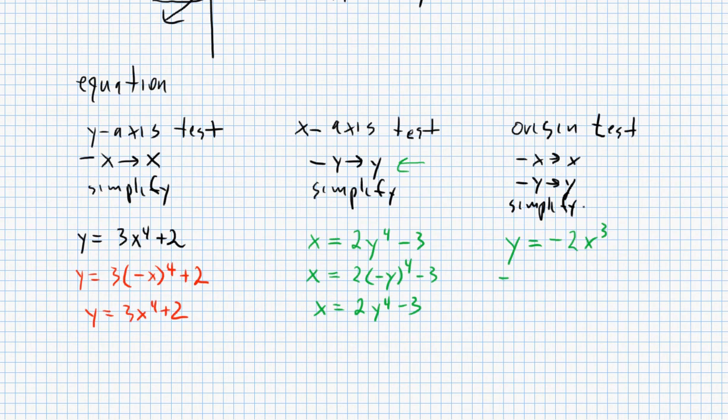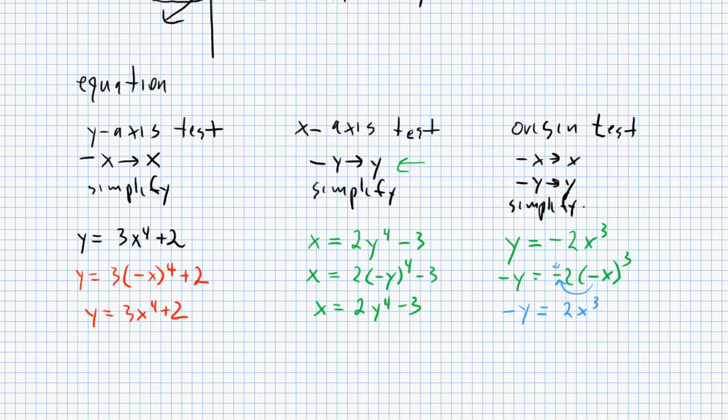So we'll put opposite y where the y is, negative 2, opposite x in where the x is. Now, of course, you recall that negative times negative times negative is negative, so this negative travels to the outside, cancels out that negative, so we've got opposite y is equal to positive 2x cubed.